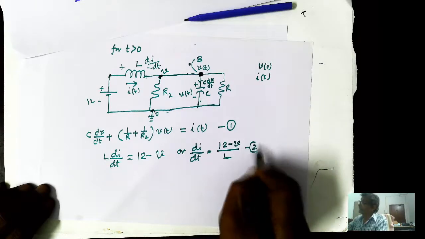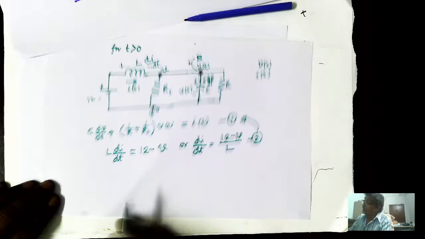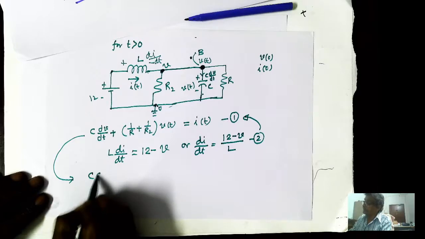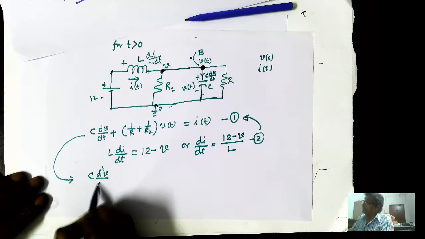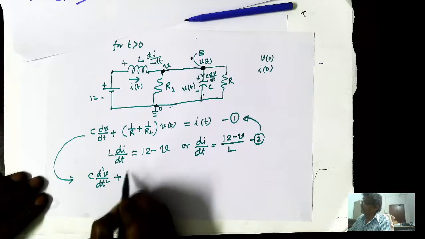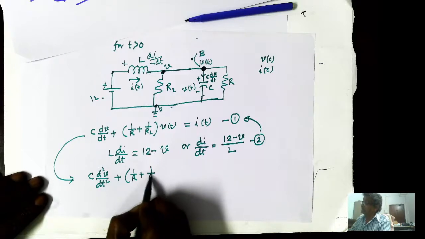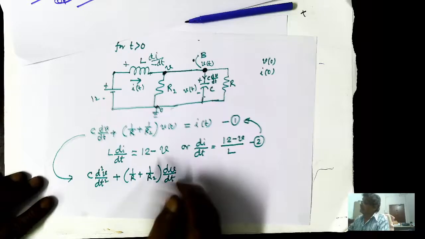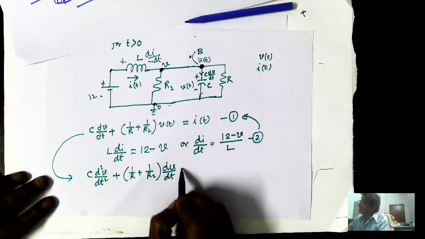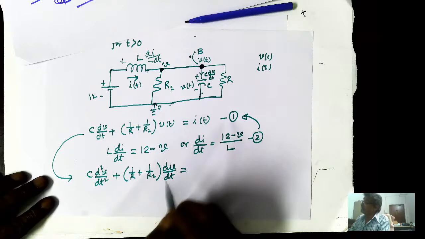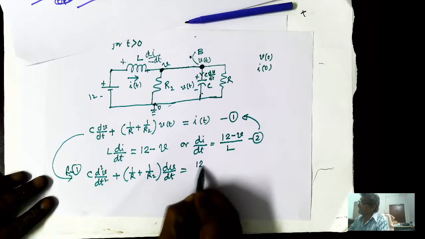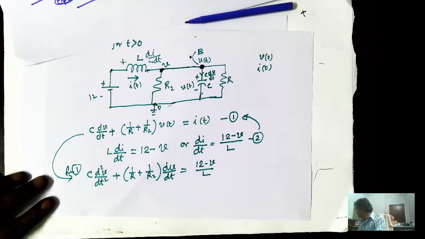Put this in equation 1. How? I will differentiate this equation. So C d2V/dt2 plus, this is 1/R plus 1/R2, into dV/dt is equal to di/dt from 1, and di/dt is nothing but (12 minus V) by L. Got the point?